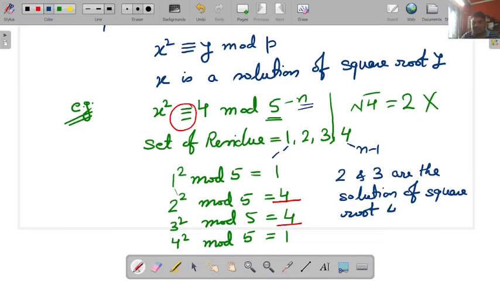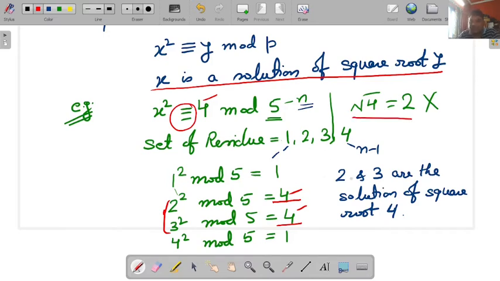Because here we are getting the same result. Here it is 4, here it is 4, so 2 and 3 are the solution as per this statement. I hope you understood how to find the modular square root, because here it is not as in the normal case. Here there might be different solutions. So 2 and 3 both are the solution of square root of 4.